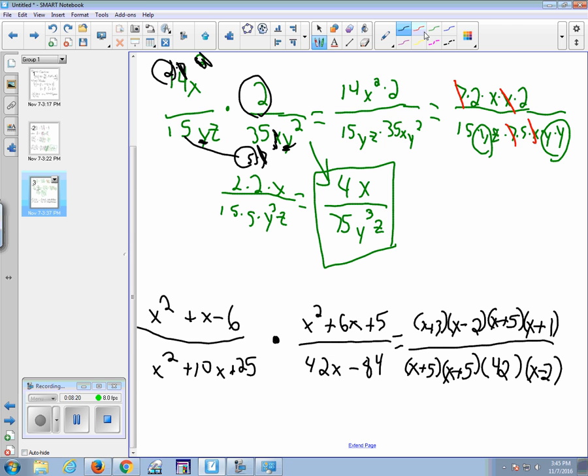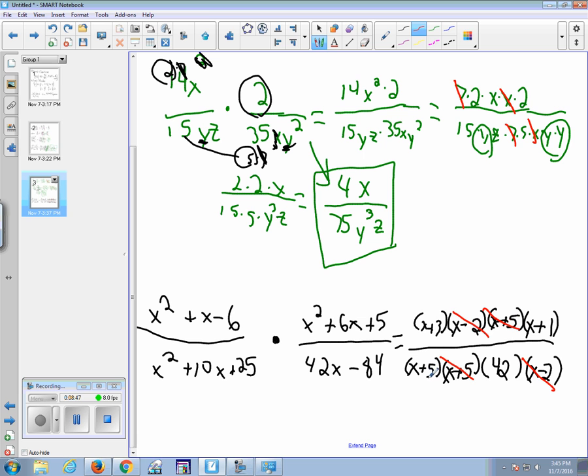Now I can look to cancel. 42 is my only coefficient. I don't have any number coefficients here, right? There's no number being multiplied by all these binomials. So 42 is going to stay put. But I've got x minus 2 and x minus 2. I've got x plus 5 and x plus 5.